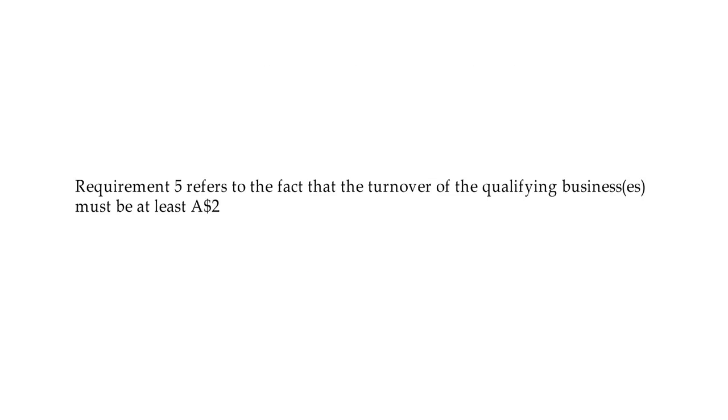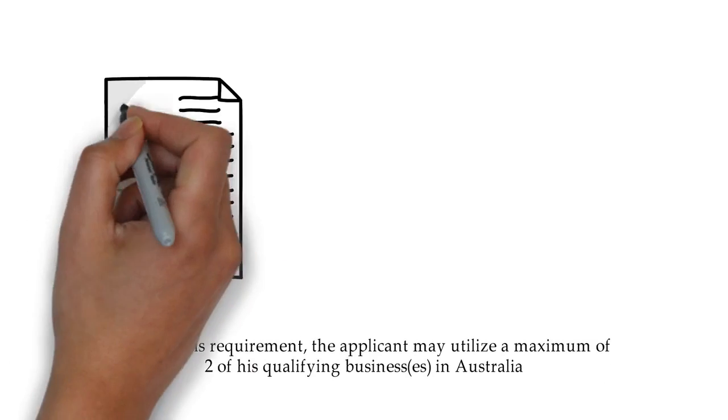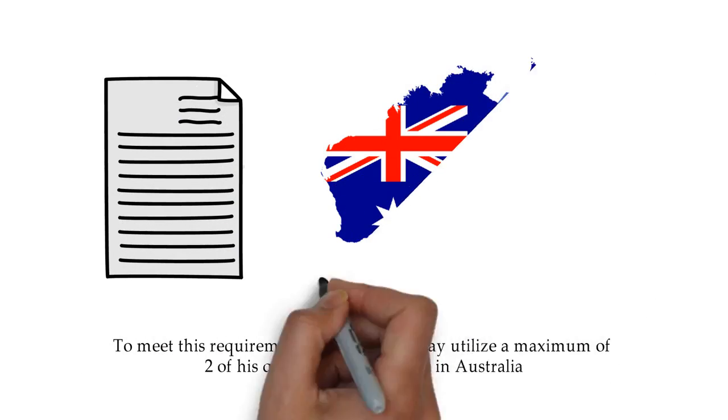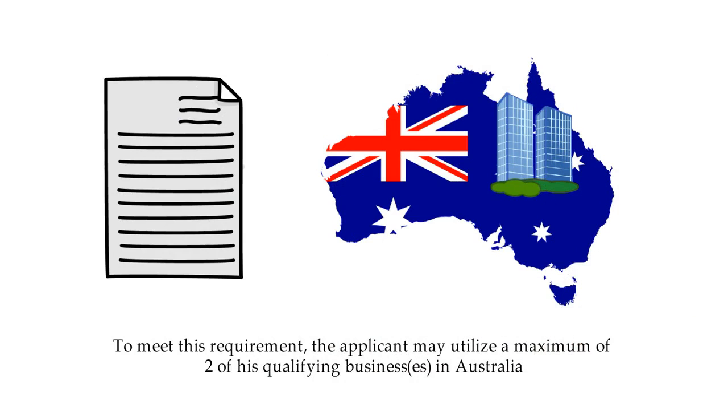Requirement 5 refers to the fact that the turnover of the qualifying businesses must be at least Australian dollars 200,000 throughout the 12 months immediately before application. To meet this requirement, the applicant may utilize a maximum of 2 of his qualifying businesses in Australia.